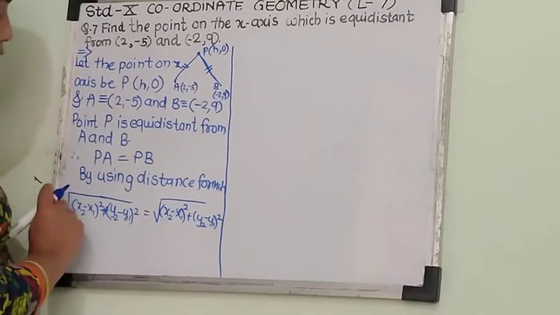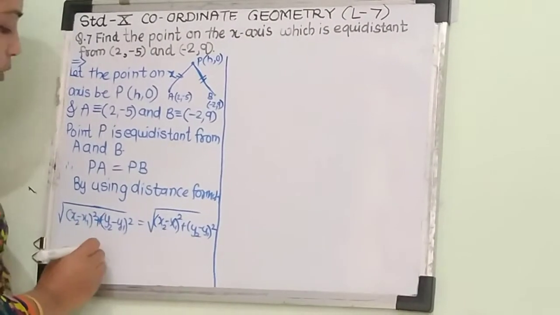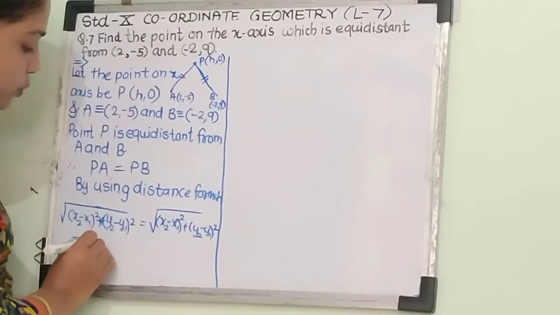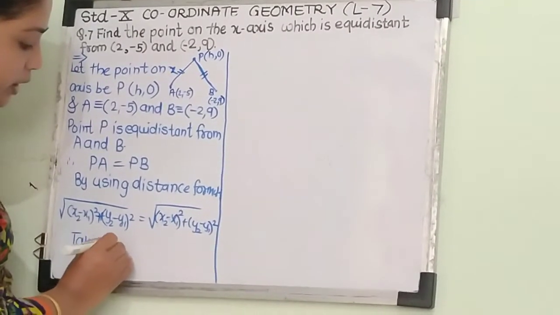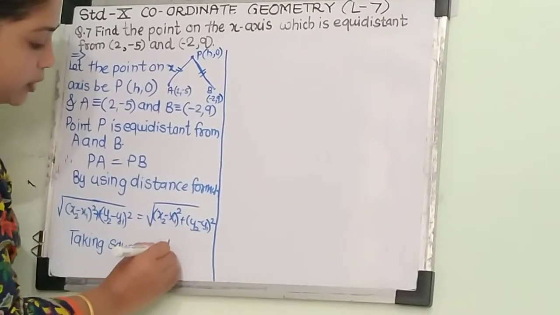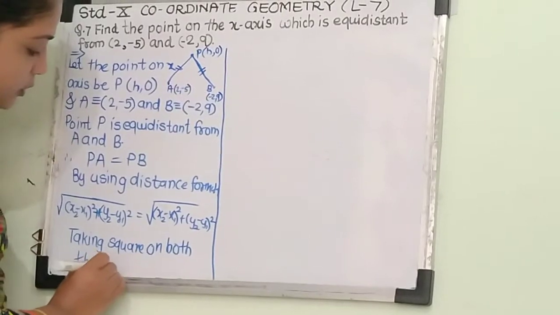So here we have to remove this square root sign. For that we are going to take square on both the side.